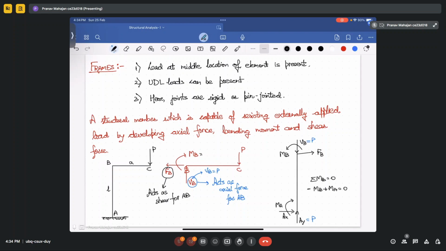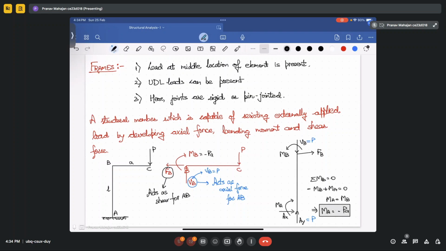So your MB is coming out to be minus of PA. So your MA will be equal to MB. This implies your MA will also be equal to minus of PA.